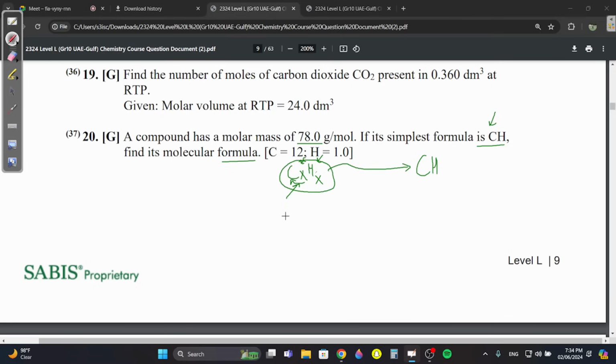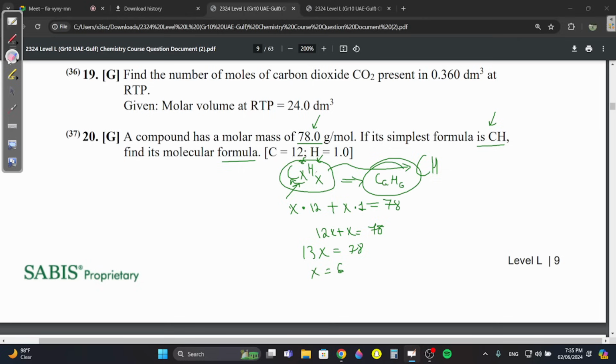It would be x times 12 because carbon is 12, plus x times 1. And what does that equal? It equals 78. So you get 12x plus x equals 78, 13x equals 78, x equals 6. So that means my molecular formula would be C6H6.